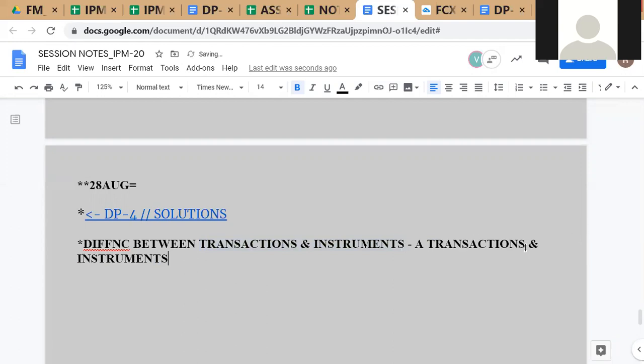A transaction, and this transaction here, you have to read it as a transaction in a financial market, is a contract to exchange assets.